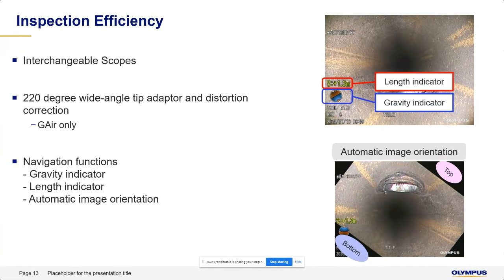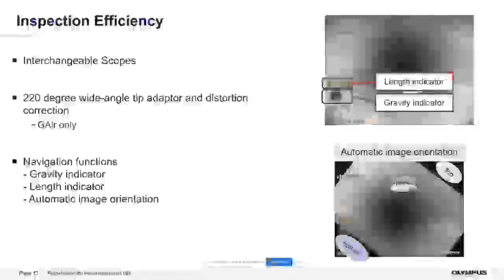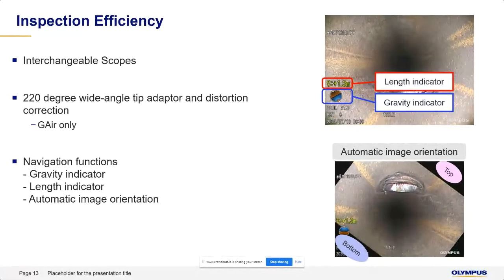So that if you start at 0, and you can essentially set back to 0 at any point during the inspection. But if you start at 0 when you, let's say, put your insertion tube inside of a pipe underground, you can then go and do your inspection. And if you see an issue that you need to manage, you can know exactly how far along that pipe it is because it has the indicator right there.